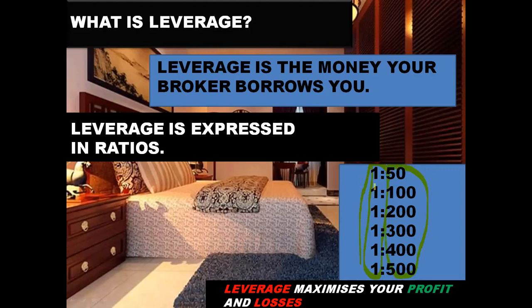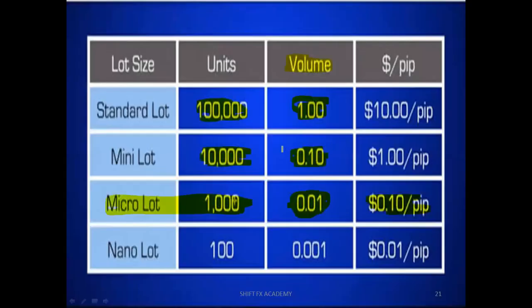Because ordinarily, with just your $100, if you look at the previous slide, you'll notice you can't even trade with the micro lot, because there's no nano lot in Forex. The micro lot unit is 1,000, but you invested $100.